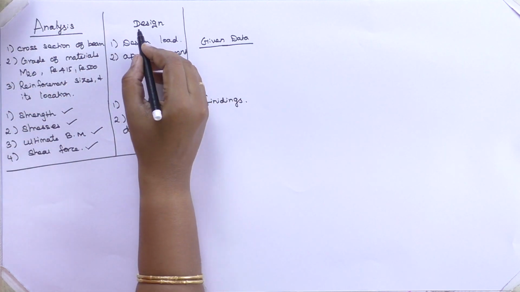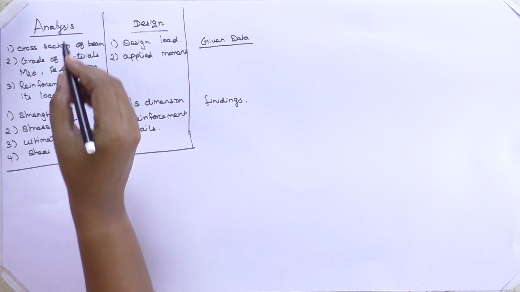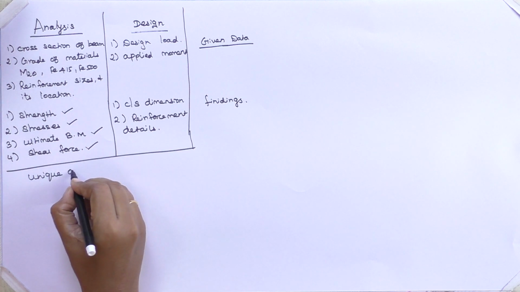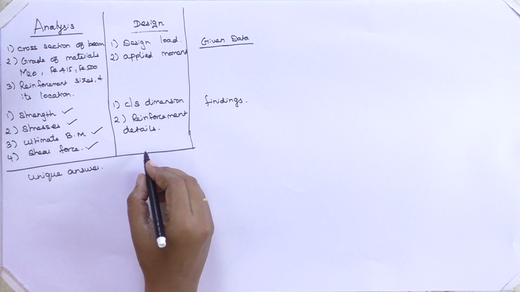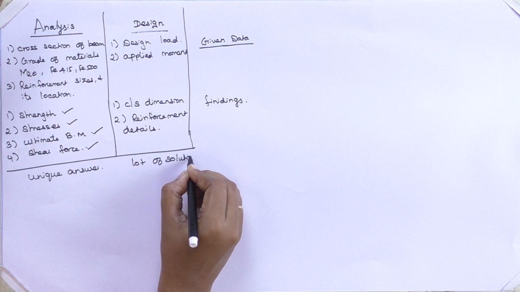Whether the design is simple or analysis is simple: analysis will get a unique answer. You don't get any controversy in your answers, but in design you will get a lot of solutions. In the sense, as a design engineer, I can adopt 20 mm dia bars, or else 16 mm dia bars, or else I can design my structure for 12 mm dia bars also.